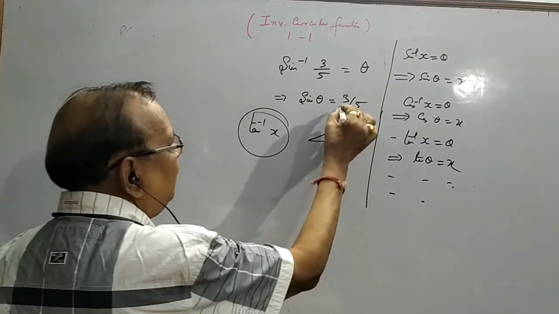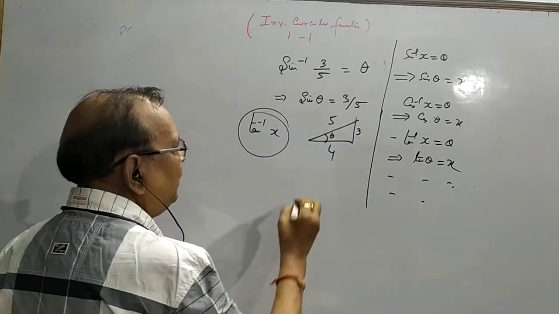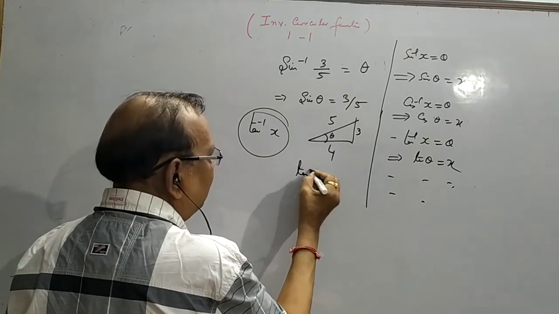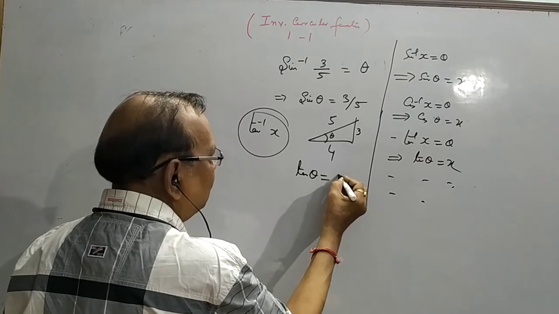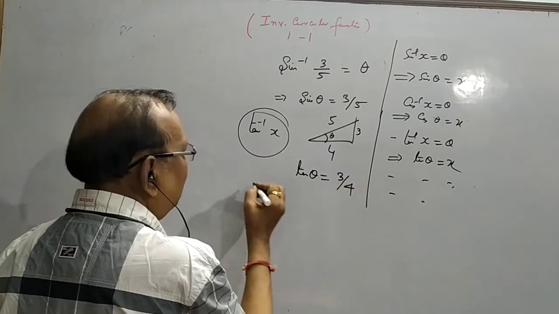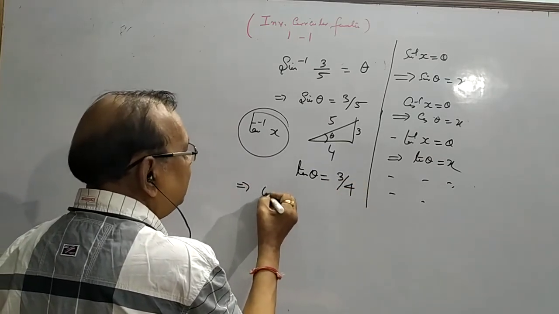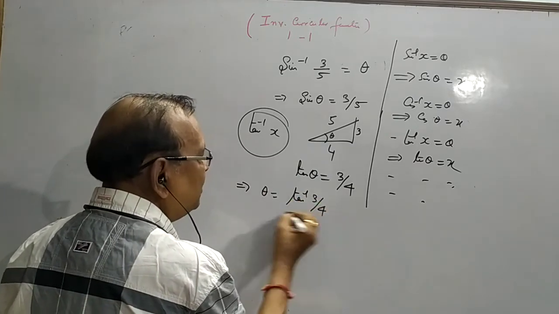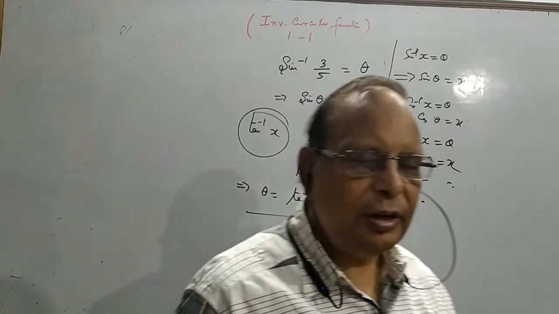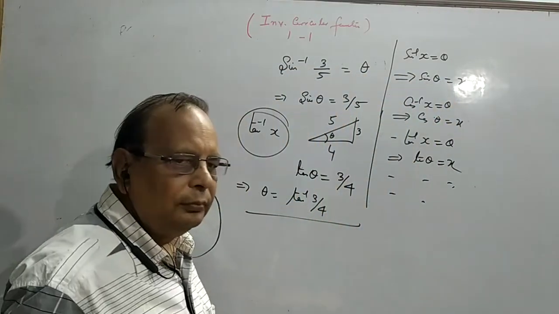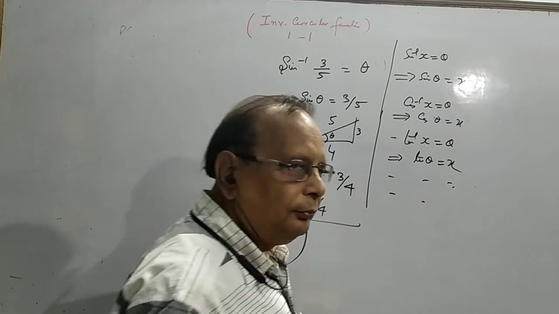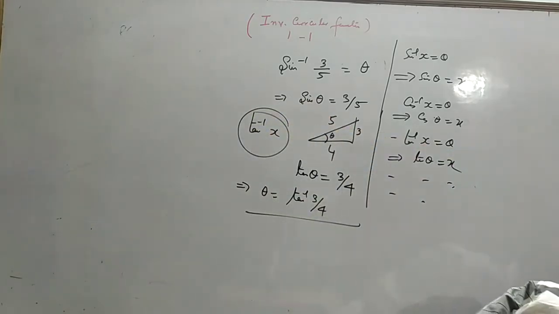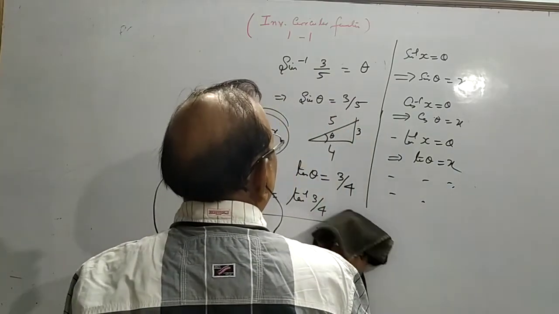That is 3 by 5, lying in the first quadrant. We have to find tan theta, which is equal to 3 by 4. So that means theta is equal to tan inverse 3 by 4, as it is positive, lying in the first quadrant. Similarly, we may get the others.